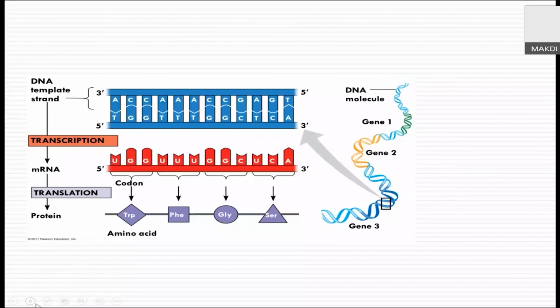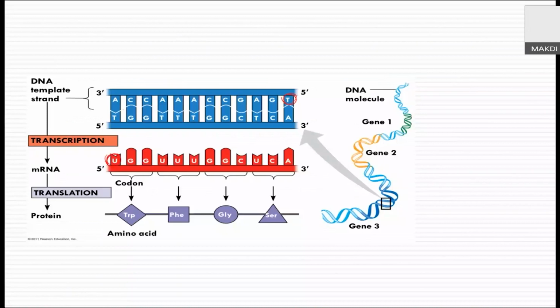Okay, inilah begini dia punya triplet code. So in DNA kita ada A, G, C, T. For mRNA, macam tadi dalam video tu dia explain the difference between RNA and DNA kan. So the difference is the T is replaced by U in mRNA.